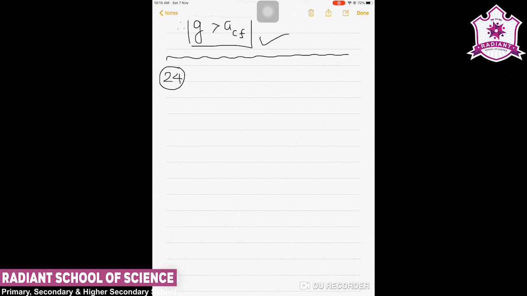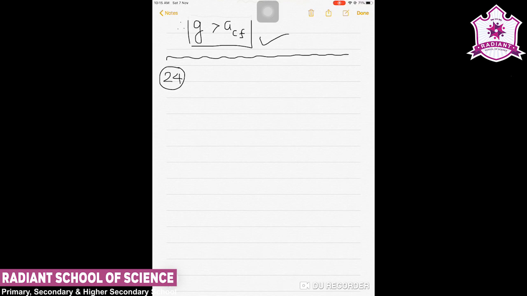Mass of the spaceship is given as 1000 kilogram. Mass of the sun is 2 into 10 to the power 30 kilogram. Mass of Mars is 6.4 into 10 to the power 23 kilogram, and radius of Mars is 3395 kilometer. Now the radius of the orbit of Mars is given, that is 2.28 into 10 to the power 11 meters, and capital G is given as the well-known value.